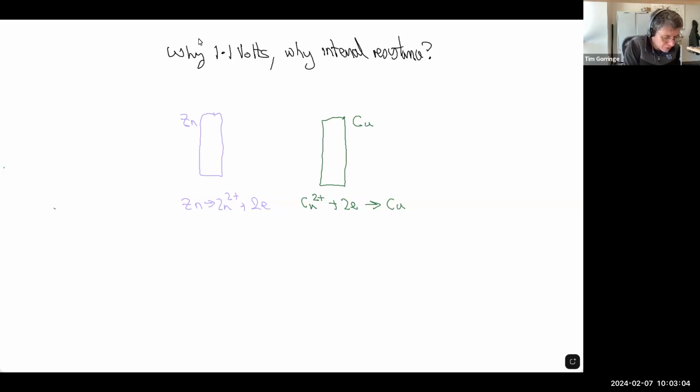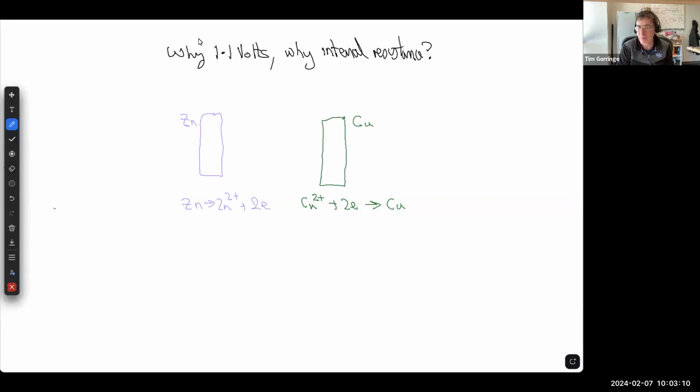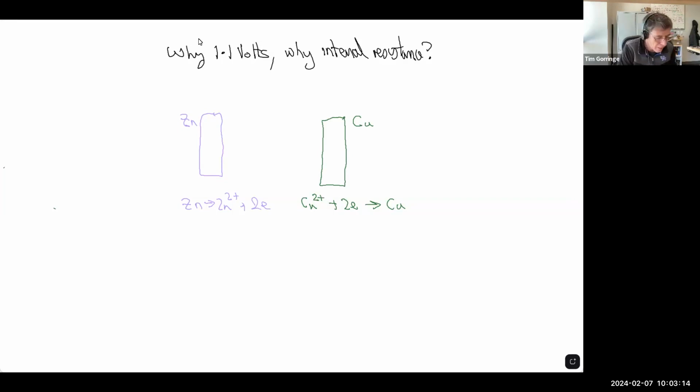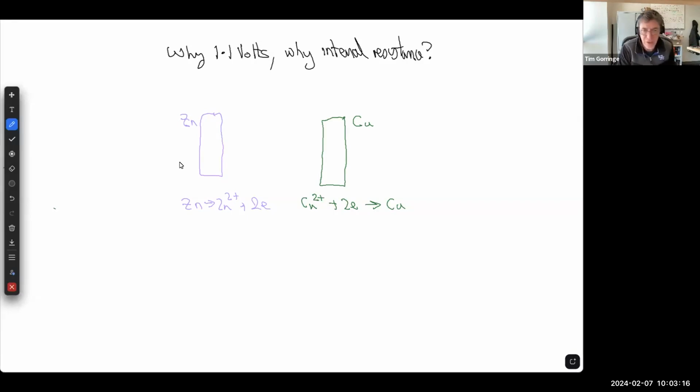So I've got a picture here of the two electrodes in a zinc copper brine battery or a zinc copper lemon juice battery. On the left-hand zinc electrode, the zinc is being ionized.